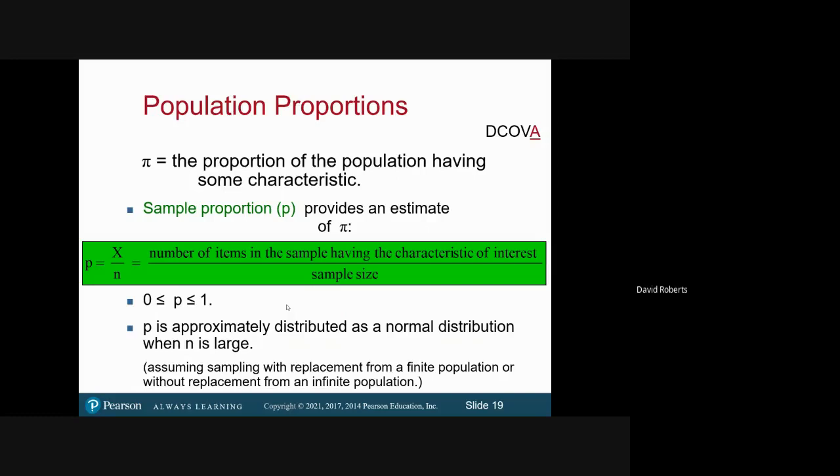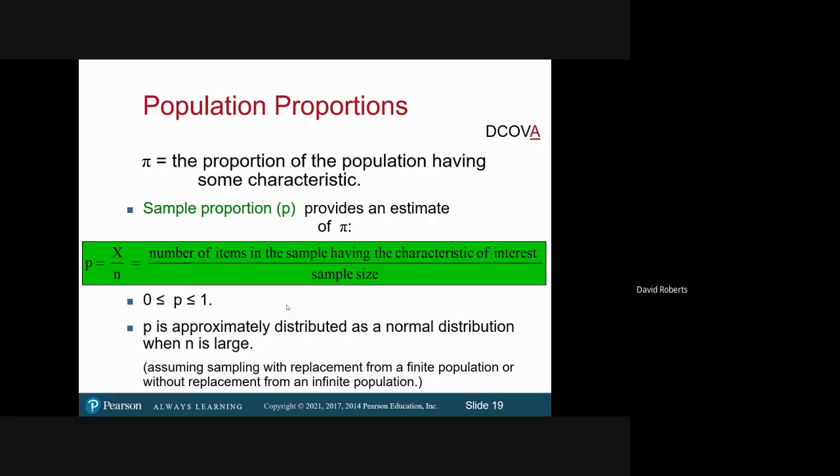So to find the probability, just as we did in earlier chapters, you find the number of items that have that characteristic. So with the cell phone use, you would record the fact that 17 people were talking on their cell phone out of 50. So that would be 34%: 17 divided by 50, or 0.34.